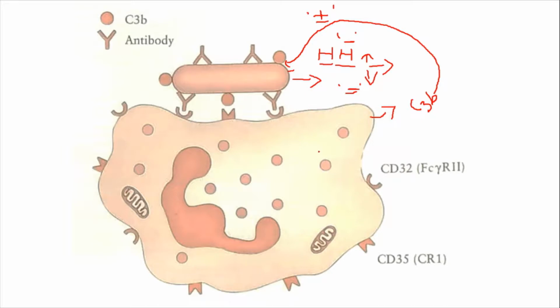For engulfing the antigen, the neutrophils produce a specific kind of protein called opsonins. This opsonin protein helps in engulfing the antigen into the neutrophil.